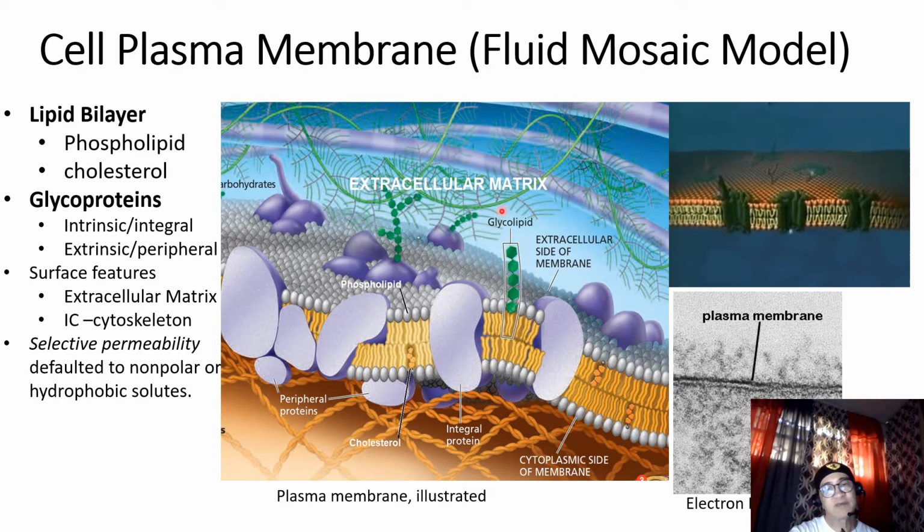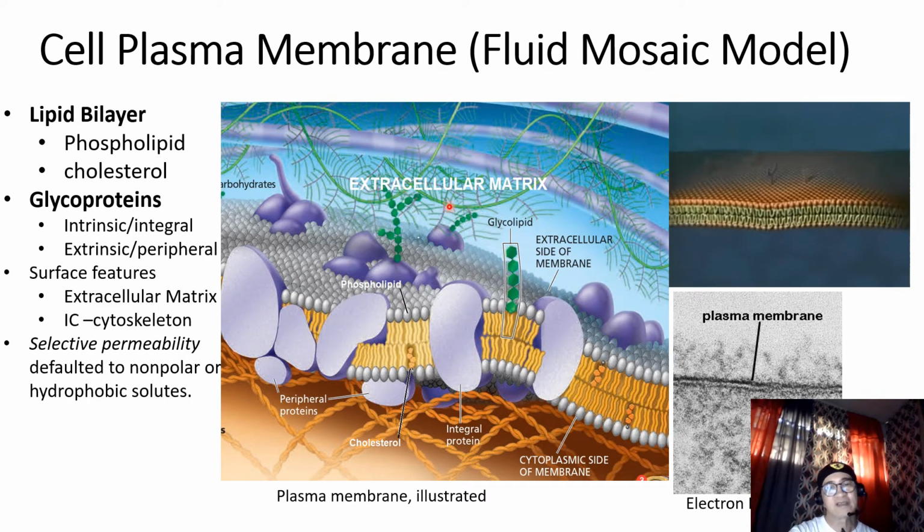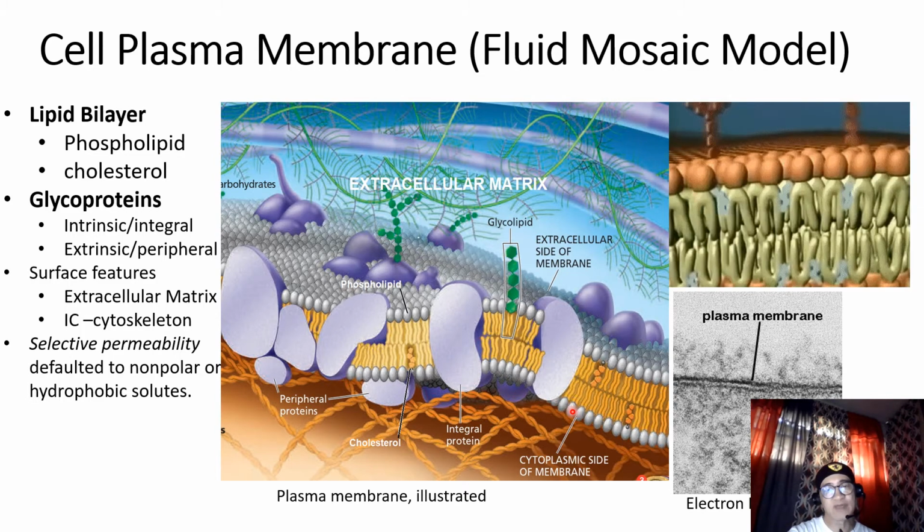So the plasma membrane on the surface is not a void surface, an empty surface, but it's actually very bushy because of the preponderance of extracellular matrix components, especially proteins and polysaccharides. At the inner side of the plasma membrane, there are also proteins that are anchored to cytoskeletal elements that keeps them within those regions of the plasma membrane.